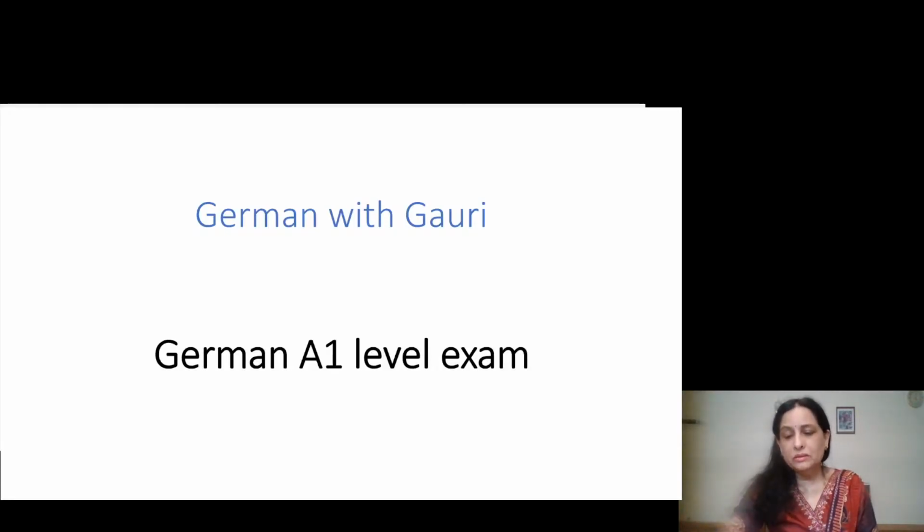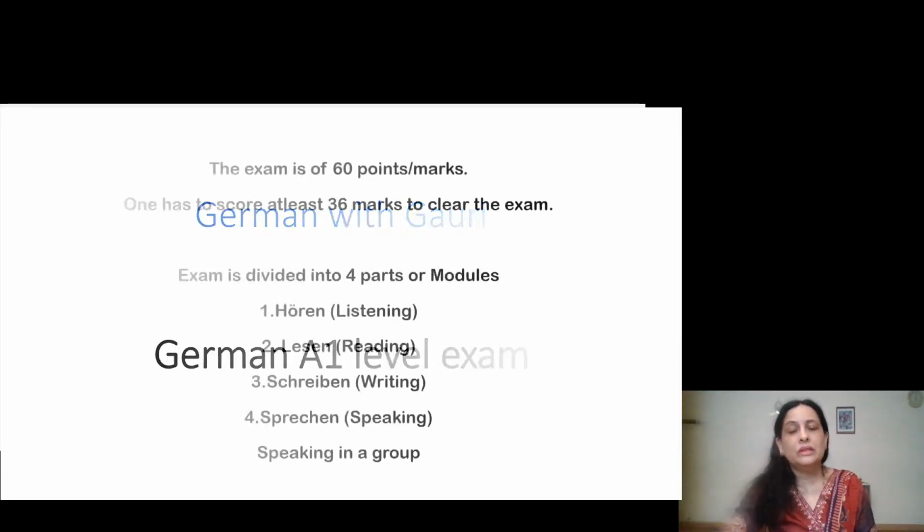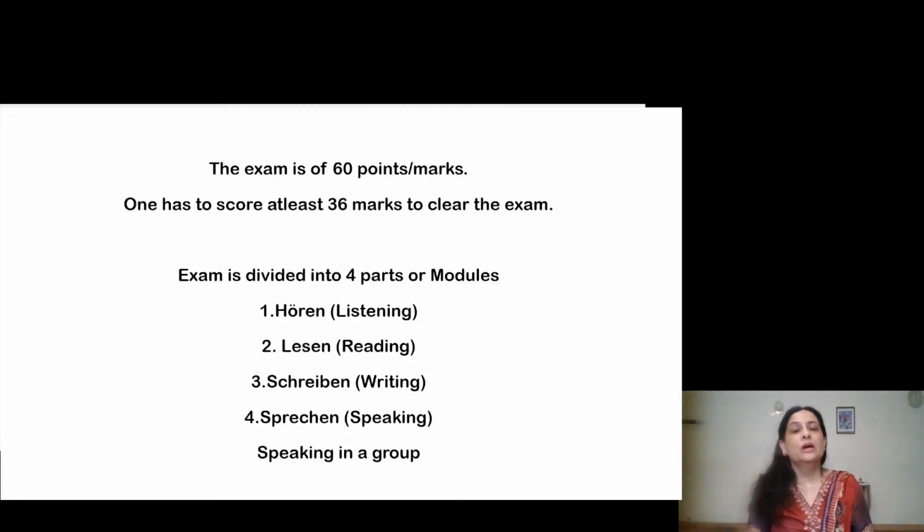So in today's live session, we'll see this German A1 level exam, right? This exam, particularly the Goethe A1 exam, is of 60 points or 60 marks, right? And the approximate duration of this exam is 80 minutes, 1 hour 20 minutes.